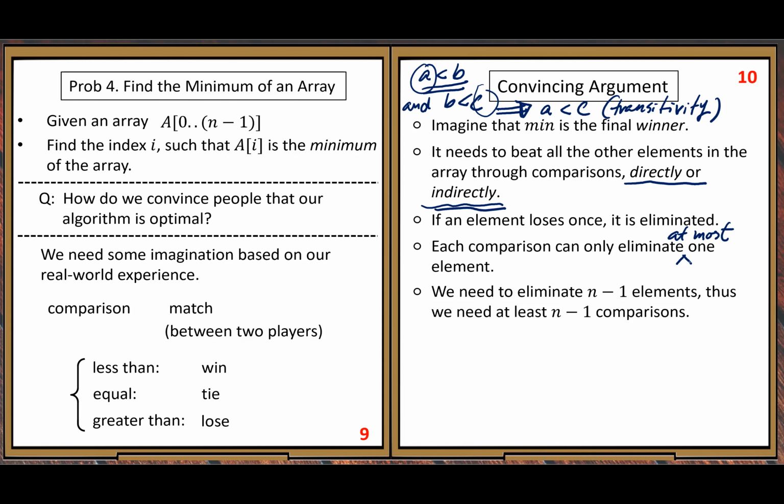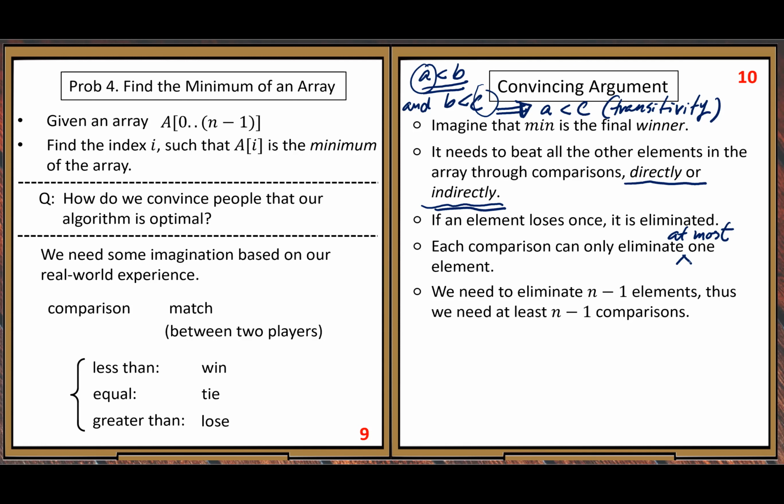Because one comparison can only eliminate at the most one, in order to eliminate n-1 elements, you have to do at least n-1 comparisons. Think about this argument. This is the critical one.